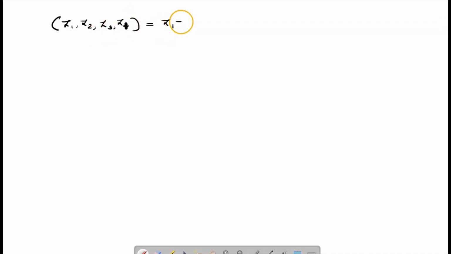We know what the cross ratio is for four points. The cross ratio of Z1, Z2, Z3, Z4 is equal to (Z1 minus Z3) divided by (Z1 minus Z4), into (Z2 minus Z4) divided by (Z2 minus Z3).